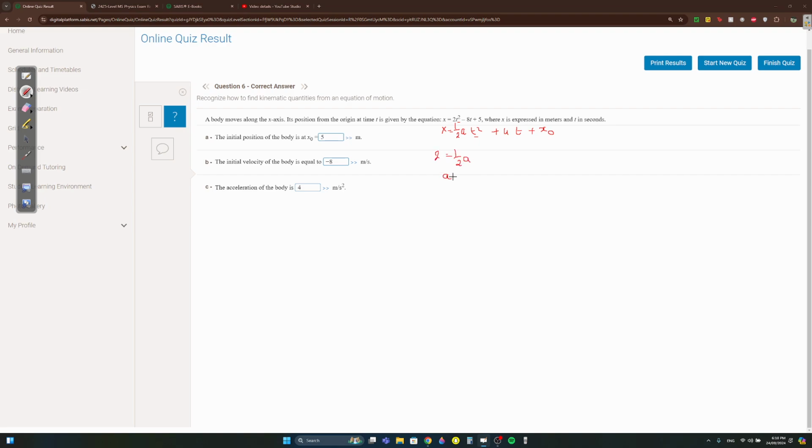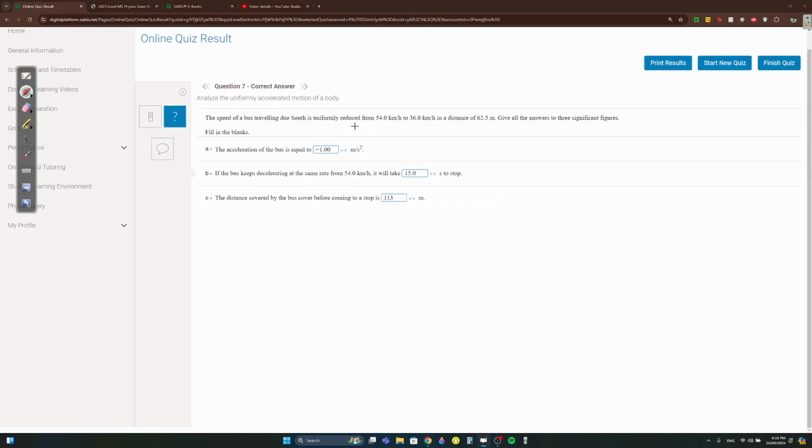And if you solve this, you're going to get a equals 4. And then if you compare the coefficient of t with the coefficient of t, you get minus 8 equals u. And if you compare the x node with the x node, you get 5 equals x node. This way is completely correct. Okay? I should have given you this way at the start. My bad. But it's still important to know how to derive.